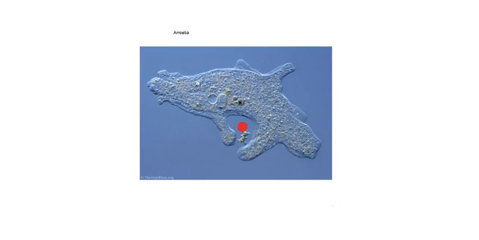As you can see right here, it's going to try to consume this one with what looks kind of like a little cove, but really what it's doing is it's actually pushing itself to surround this organism so that it can envelop it. And so what it does is it uses these pieces here.